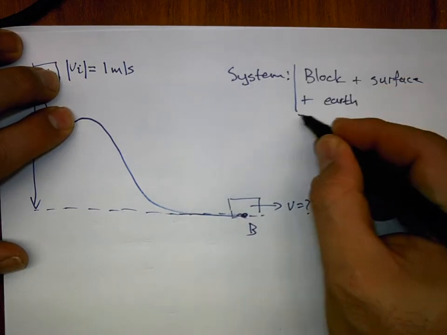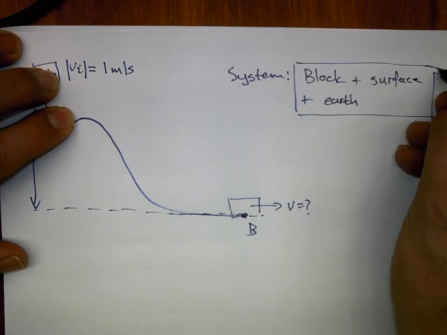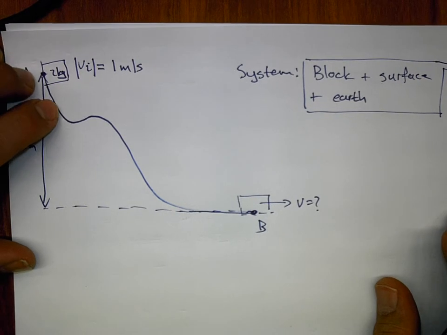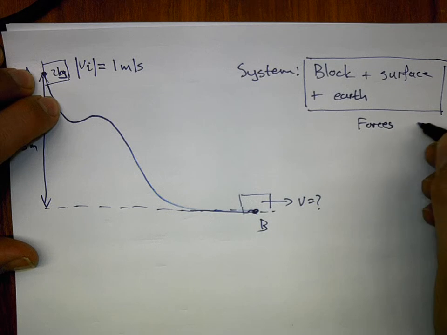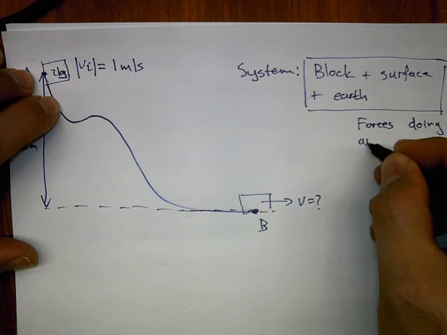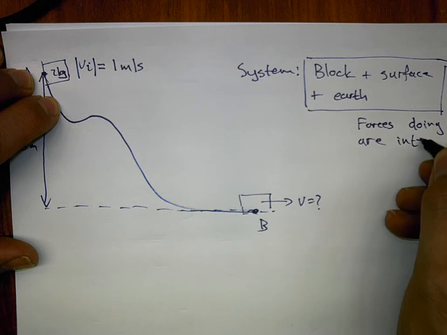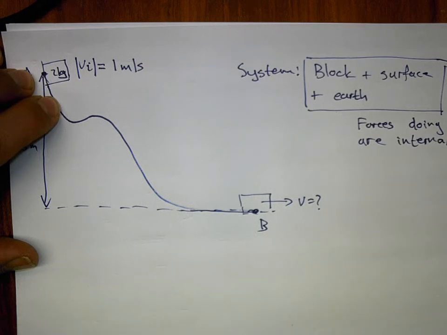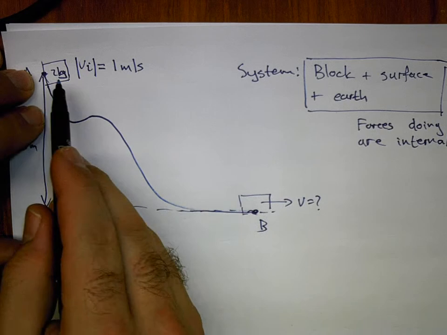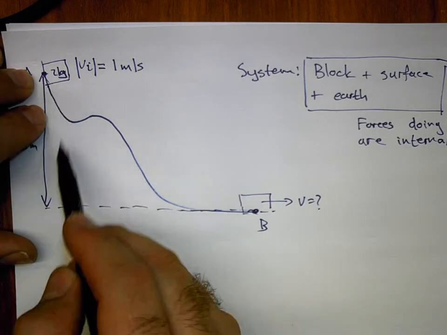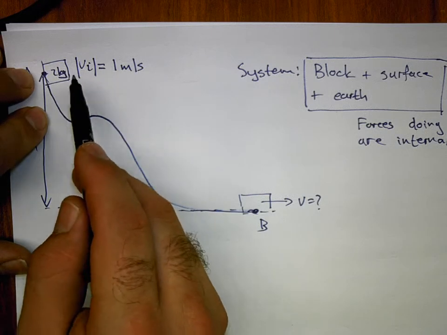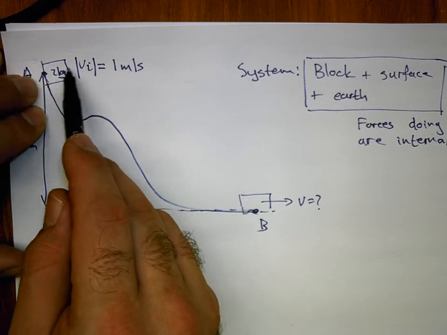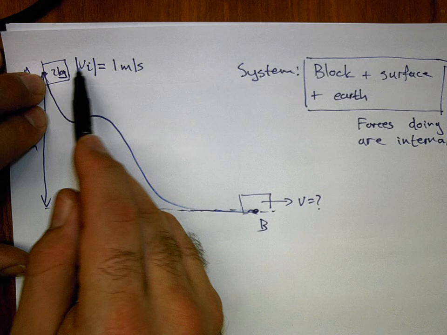So if this is our system, we can say two things. All the forces that are doing work are internal. Because the only forces this block experiences are its weight and a normal force from the surface. The normal force cannot do any work anyway because it's always perpendicular to the surface.